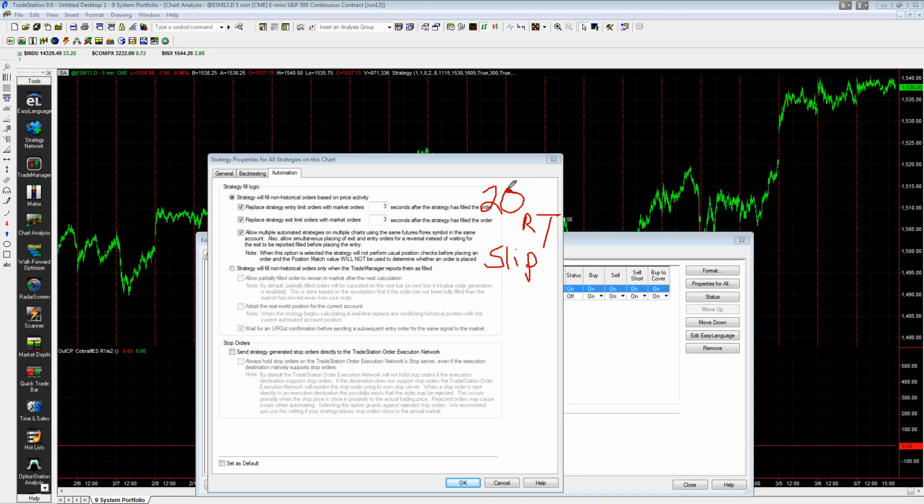This is an average over time, so you're going to get periods where this might be higher. You might get 37.50 slippage on one round turn trade per contract. You might get 2 ticks slippage on the entry and 1 tick on the exit, and you might get 37.50 sometimes.